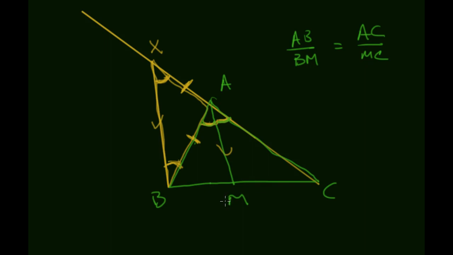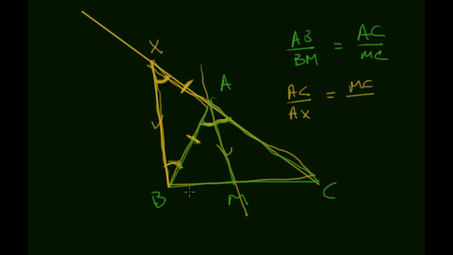Okay, so let's kind of work out what we got here. If I look at this, I now have a line coming through here that's parallel. So by the side splitter theorem, I believe that I have AC is to AX as MC is to BM.